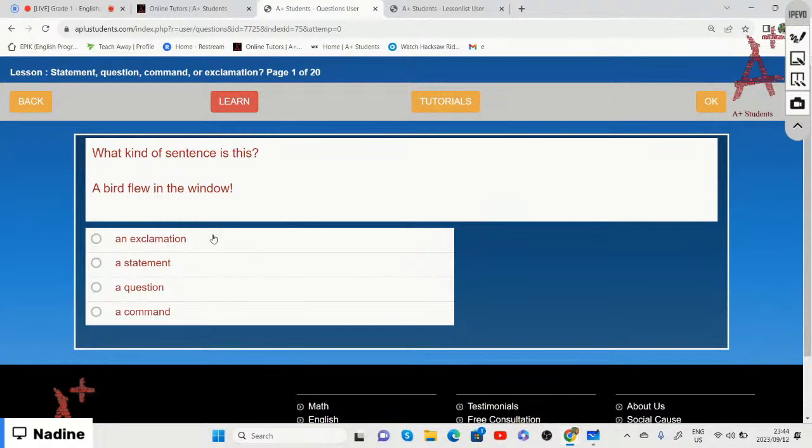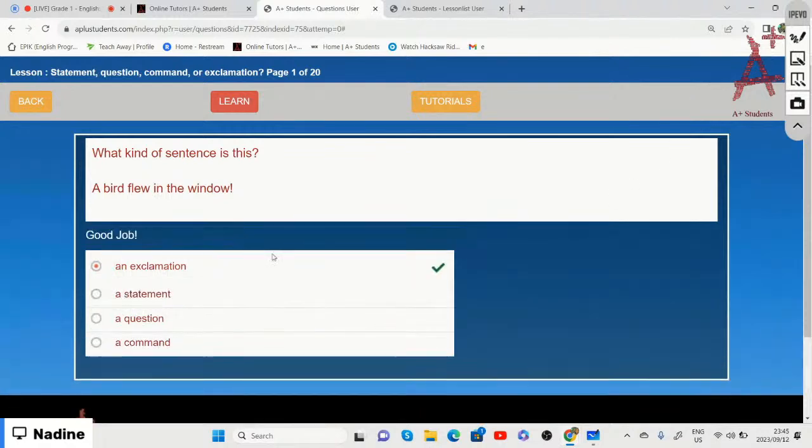Is it an exclamation, a statement, a question, or a command? That is an exclamation, showing surprise.